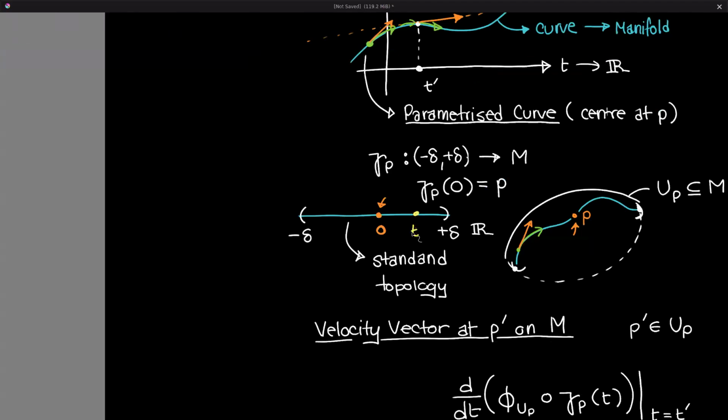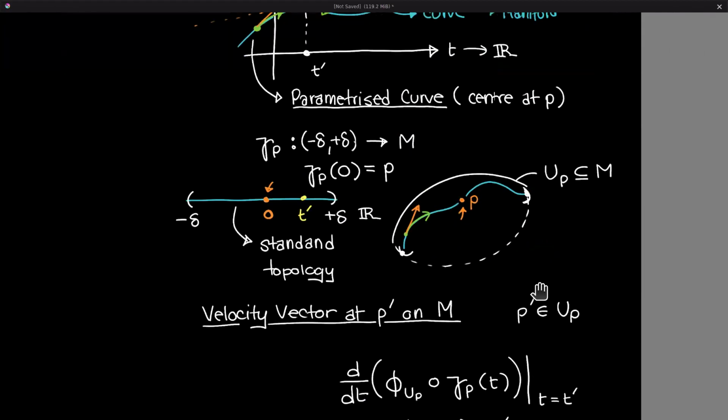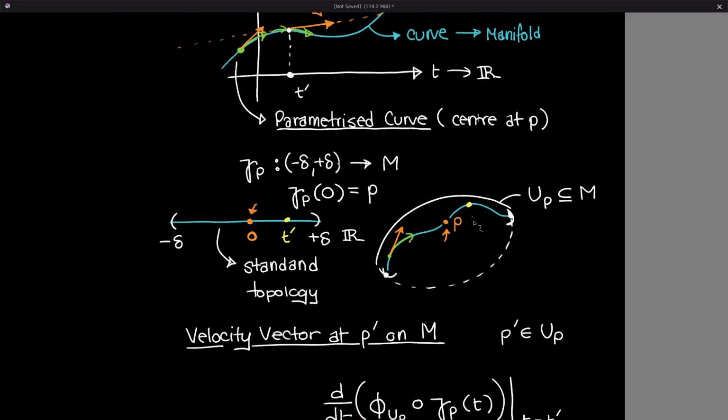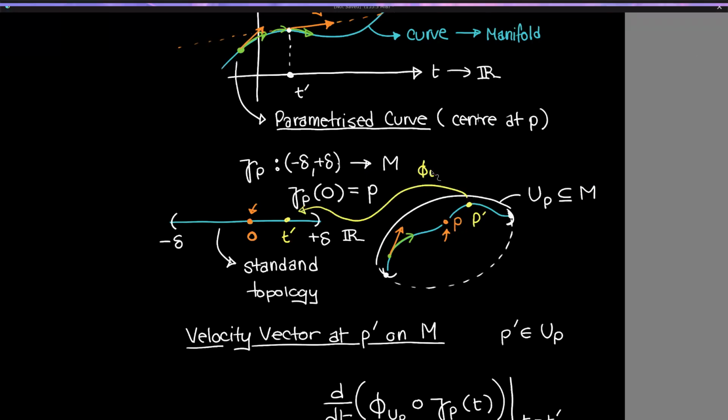So let me use a different color to make it stand out. Let's say that t prime is some other point, and that maps to a point here, p prime, using our chart.